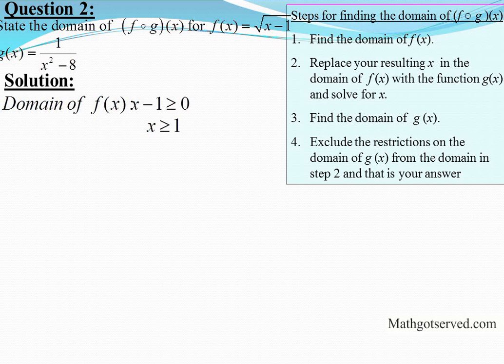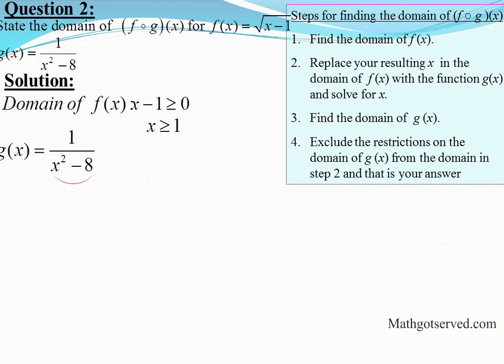Alright, now we're done with step 1. We're going to move on to step 2. We're going to plug in g of x into this. So g of x is 1 divided by x squared minus 8.